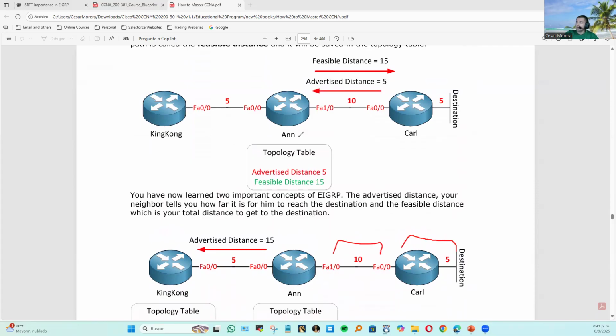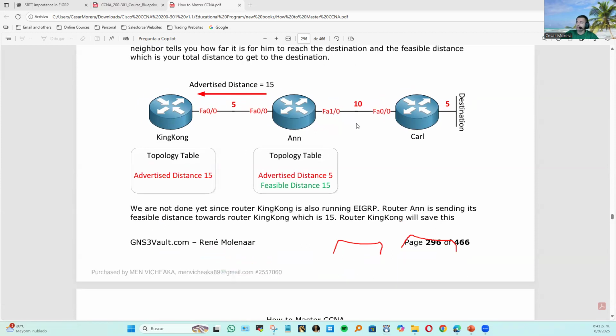Now, if we continue moving forward, there is another advertised distance of 15. Now that we have 10 plus 5, we got 15 to get from Ann to King Kong. So the feasible distance in this case was 15, and the advertised distance for King Kong is 15.